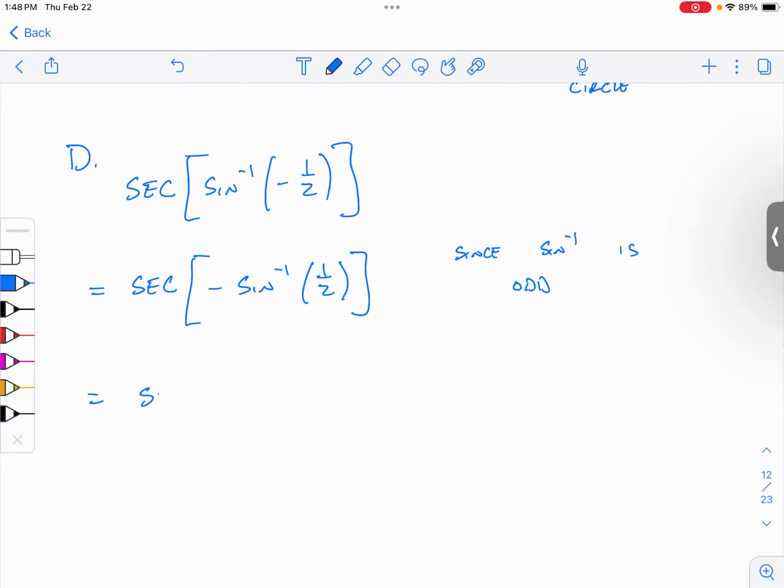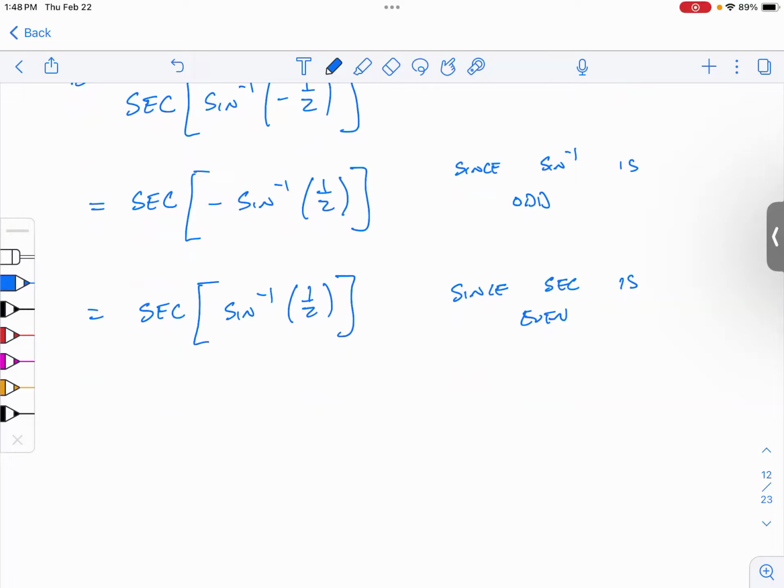And then secant is even, which drops it away. So that negative all the way deep inside. And I mean, if it's an odd function on the outside, then it just pulls all the way out to the front. And you just deal with that at the end, right? Just attach it on whatever your solution is. Even and odd properties make those way easier though.